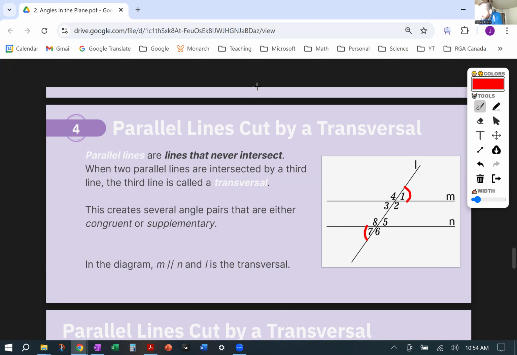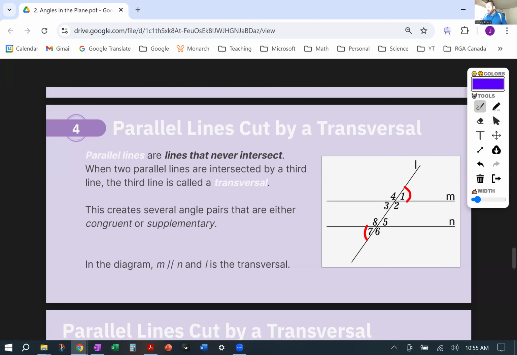The transversal is L, or maybe it's I. But this line right here, that's the transversal. So the angles are alternating on that line on each side, and they're on the outside of the parallel lines. These are called alternating exterior angles or alternate exterior angles.